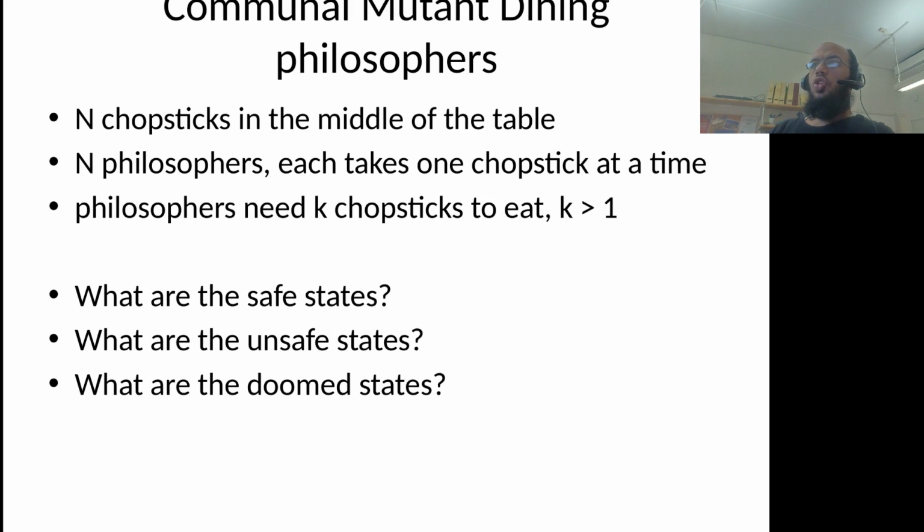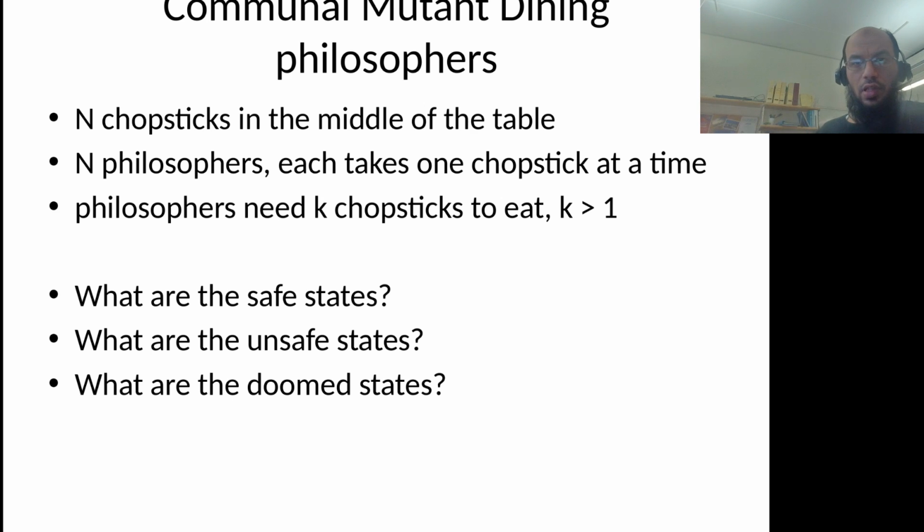So the communal mutant dining philosophers is that you have n chopsticks in the middle of the table, and philosophers each take one chopstick at a time, but you need k chopsticks to eat, where k is greater than 1, and k can be 3, for example. Going back to threads, suppose you have n threads that each need 3 locks or something to proceed.